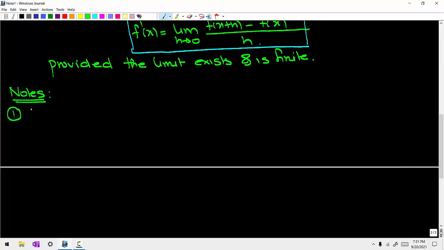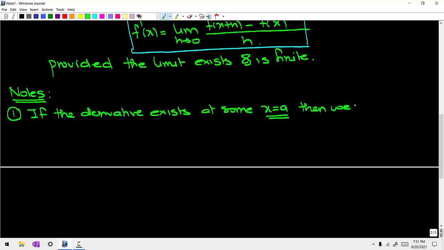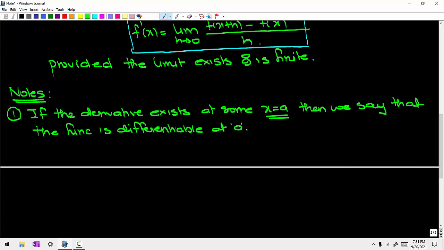If the derivative exists at some x is equal to a, then we say the function is differentiable at a.